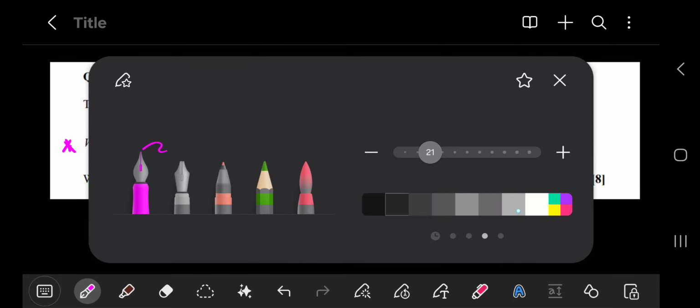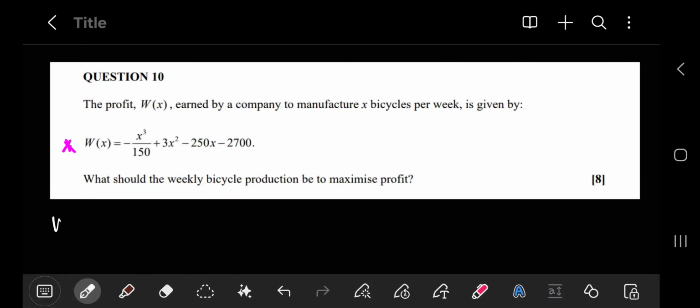Now, we want to get the first derivative of W(x), so we're going to call it W'(x). For our first term, we take the exponent and multiply with the coefficient. Remember, your coefficient here is negative 1 over 150. That becomes negative 3 over 150. Yes, you can simplify.